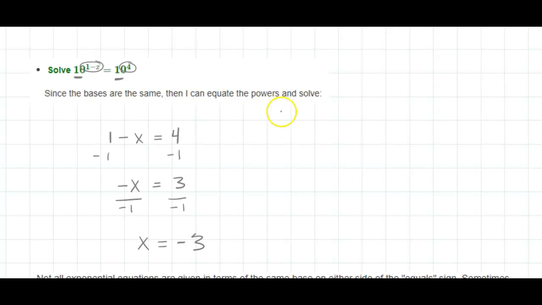So let's check our work. We always check by starting with the original equation, 10 to the 1 minus x equals 10 to the 4th. So I'm checking that x equals negative 3 will balance this equation.